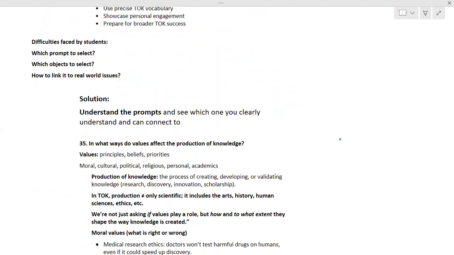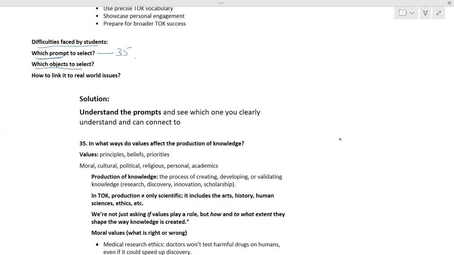Basically, the difficulty faced by the students is which prompt to select. You know there are 35 prompts, but out of them, which should you select so that you will be able to do justice to it? Then moving on, which objects to select?